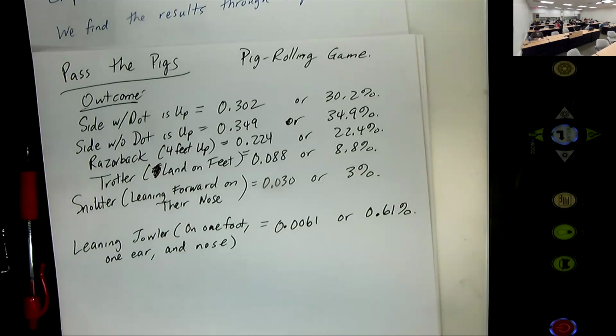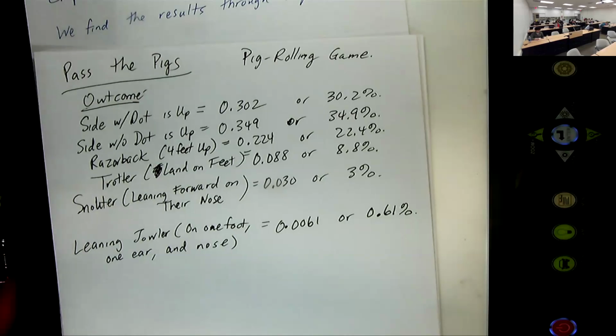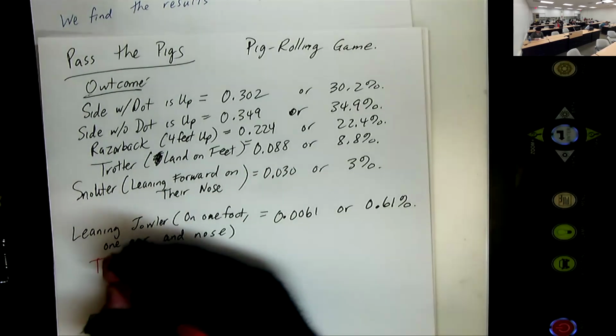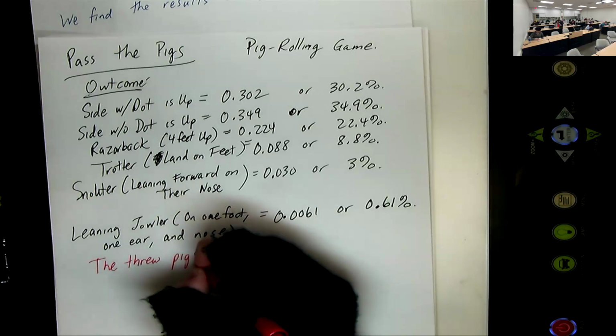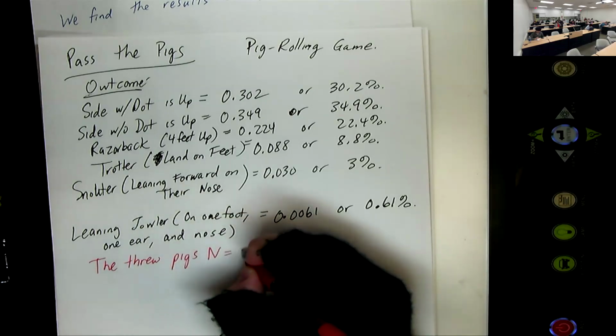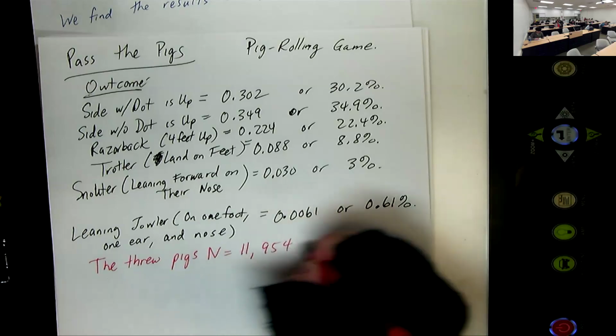How did they get this? They threw pigs. N equals 11,954 times.